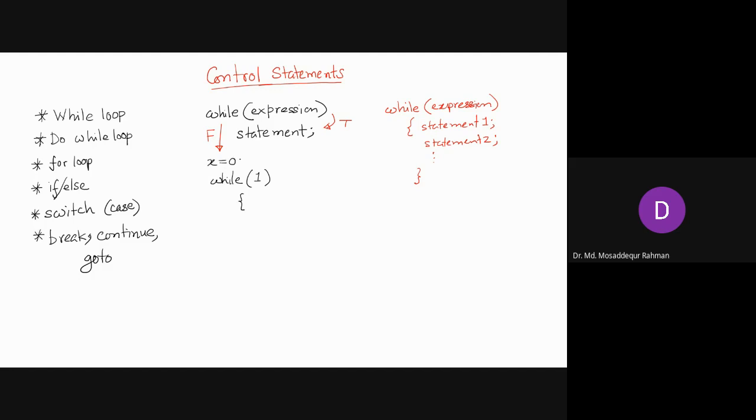X is 0. We define x as 0. So inside the loop, we increase the value of x: x is x plus 1. And then let's say we want to display this number x on some display board. So write display x.